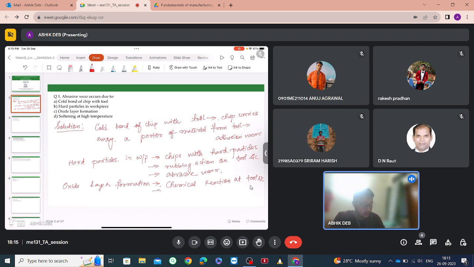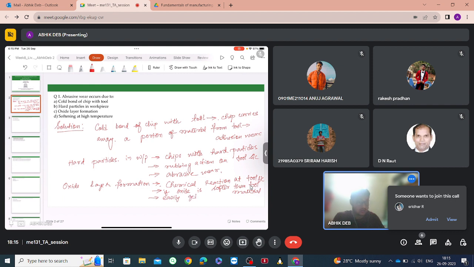In some cases the oxides are harder than the tool material itself, but in some cases the oxide is softer than the tool material. If the oxide is softer than the tool material, then it will easily get removed.